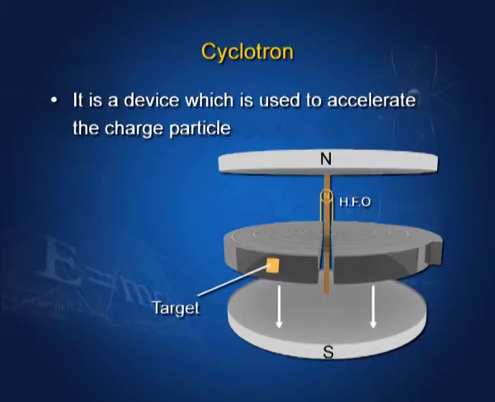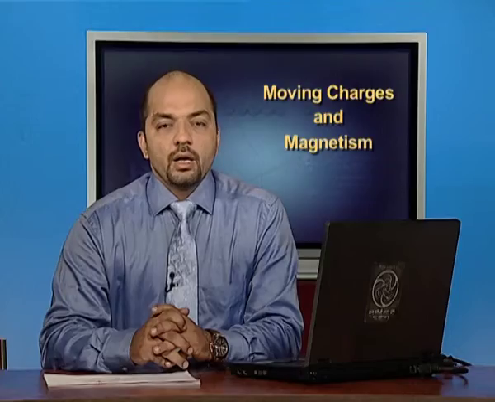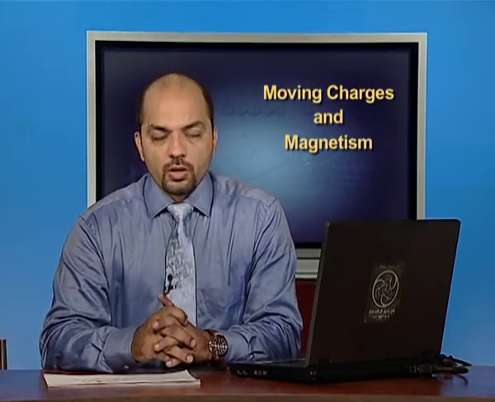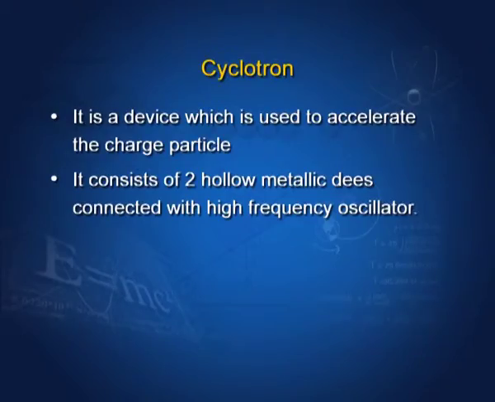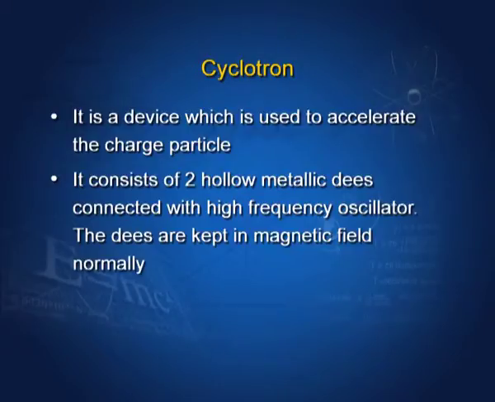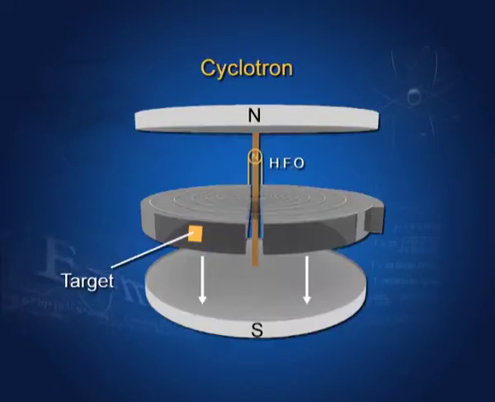Cyclotron. It is a device which is used to accelerate charged particles. It is based on the concept of Lorentz force. It consists of two hollow metallic Ds connected with a high frequency oscillator. The Ds are kept normally in the magnetic field. The purpose of connecting the high frequency oscillator is to reverse the polarity of the Ds as per the requirement.